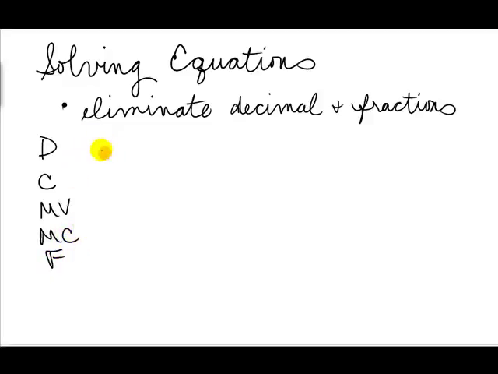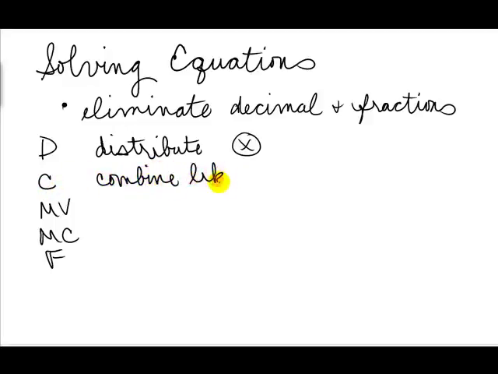The first thing we need to do is distribute. We've already talked about that today. That involves multiplying. The C is combine like terms, and we've already talked about that today also. These two are the same.